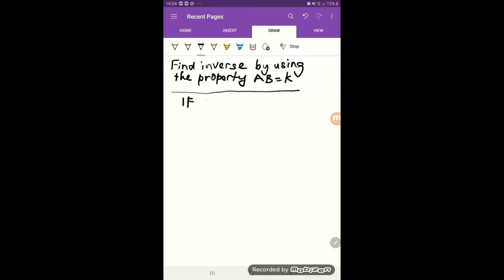If AB is equal I, so we can conclude that BA is equal I. That means B is equal A inverse, or A is equal B inverse.